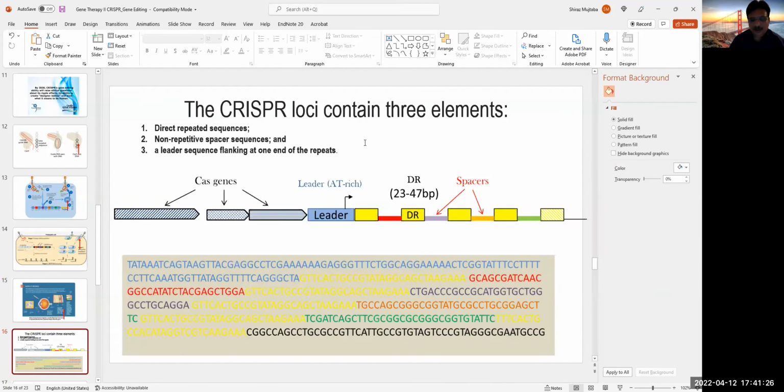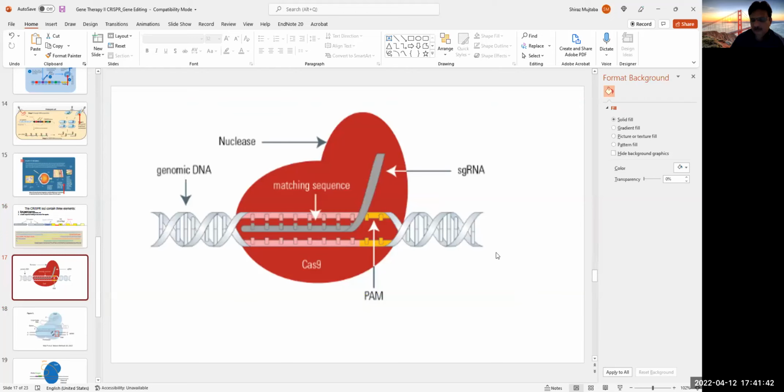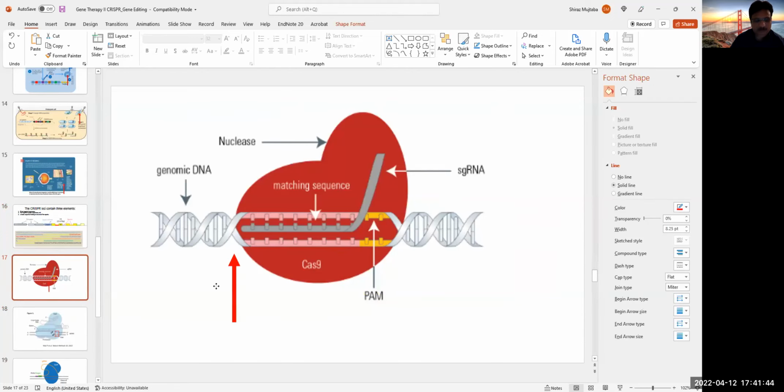So these are the elements. You don't need to know these details, but I thought that if somebody is interested or asks a question, this is a Cas9 locus. This is again a repeat of the previous slide. This is the genomic DNA.